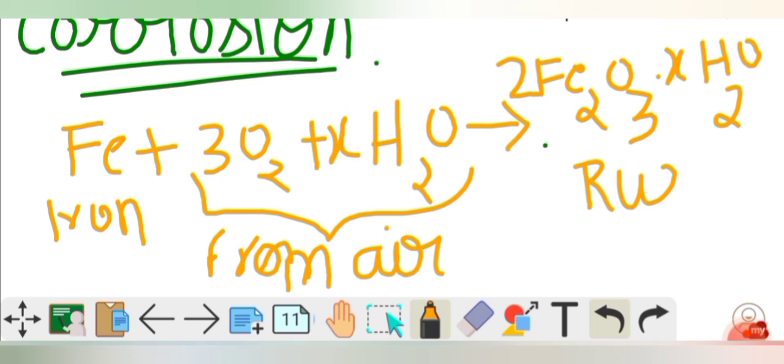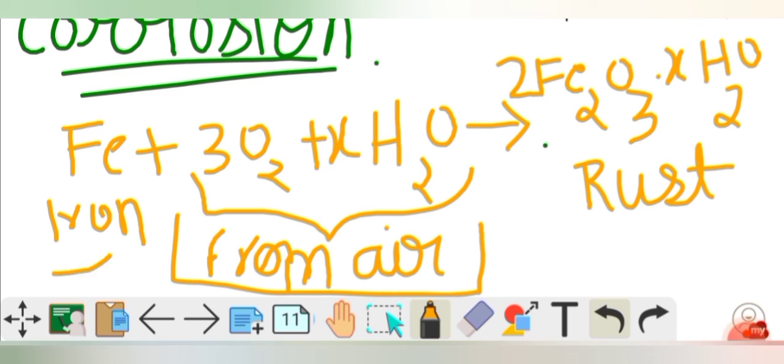Rust is called hydrated iron oxide. By the action of water, this iron has been eroded and has become rust, and through this definition, this is a correct example of corrosion.